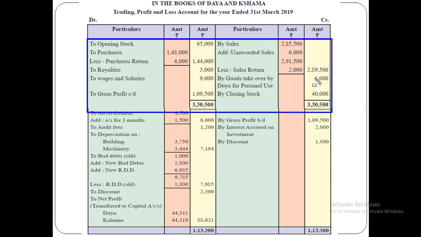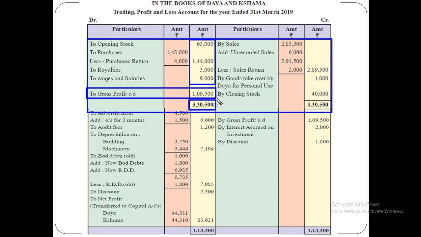So the figure of credit side, the addition of this, that is 3,33,30,500, and the addition of this figure, you have to make this adjustment, and now deduct this addition from this item, and we will get 1,09,500, which is known as gross profit.